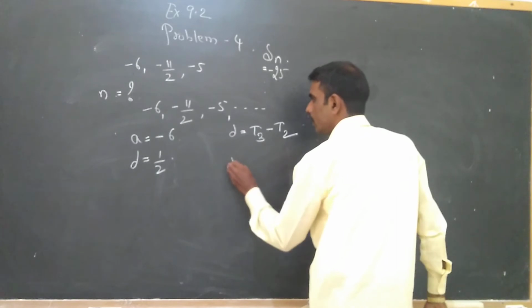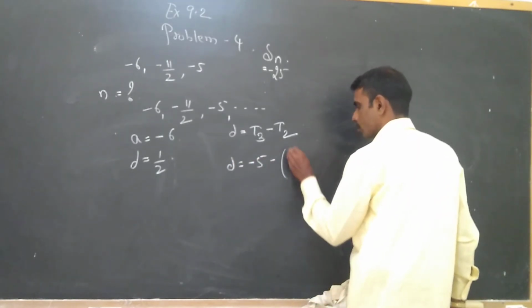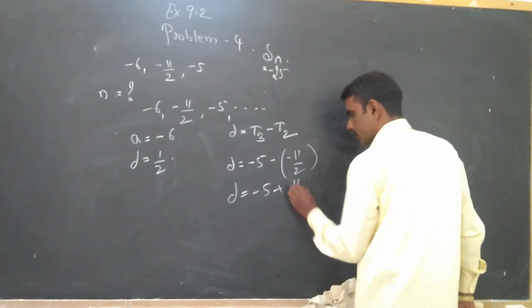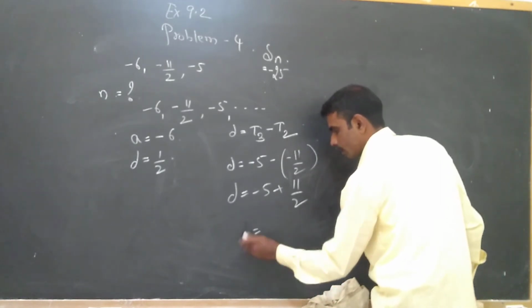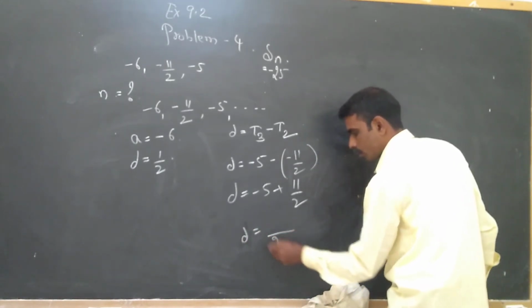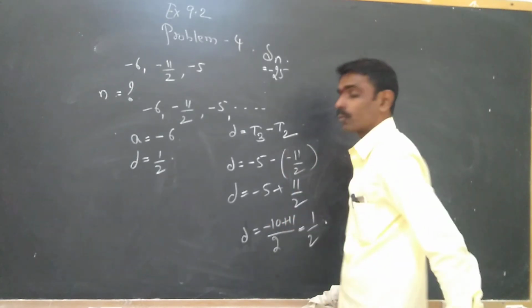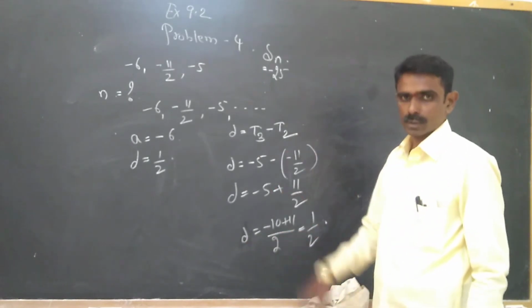So d is equal to minus 5 minus of minus 11 by 2. So d is equal to minus 5 plus 11 by 2, which is minus 10 plus 11 over 2. So that answer is 1 by 2. So the value of d is 1 by 2.